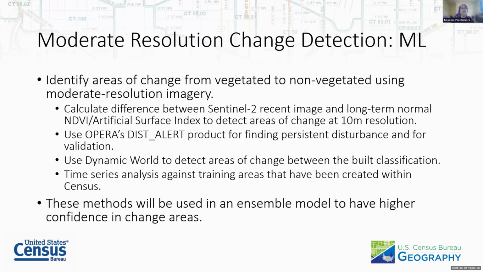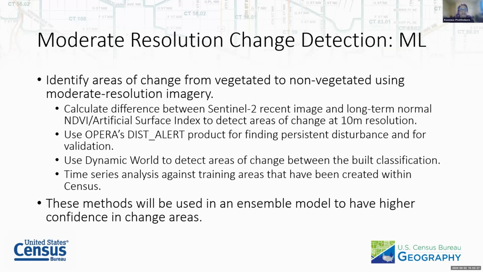The way that we're looking for areas of change from vegetated to non-vegetated using moderate resolution is kind of an ensemble approach. A few of the different methods we're using include calculating the difference between Sentinel-2 recent images and long-term normal NDVI, or artificial surface indexes, to detect change of 10 meters.